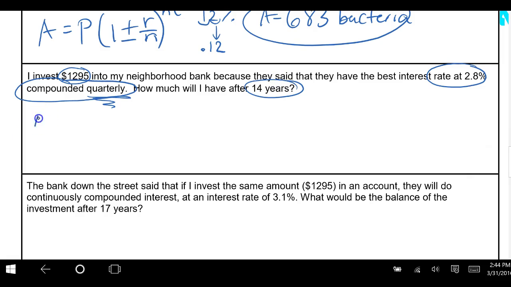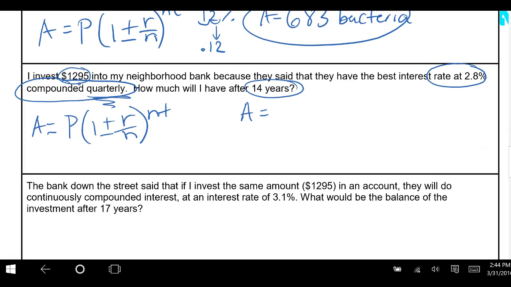So we're going to use our compounded interest equation. And again, we're talking about an increase, because we have interest that we gain every year, or in this case, quarterly. So we're going to use plus.